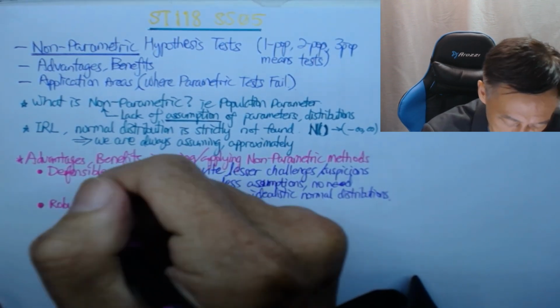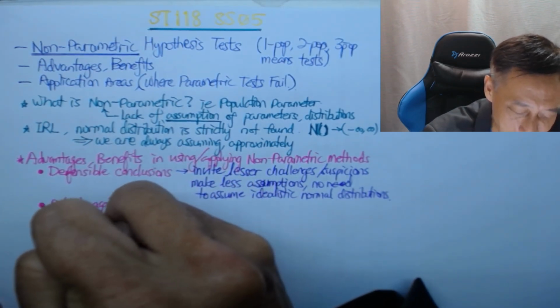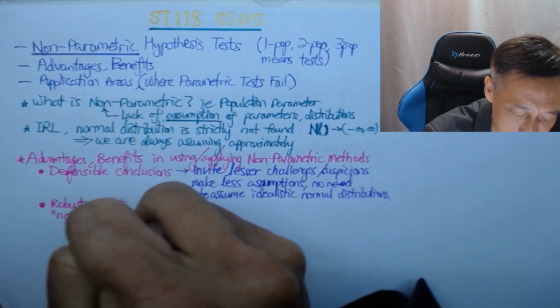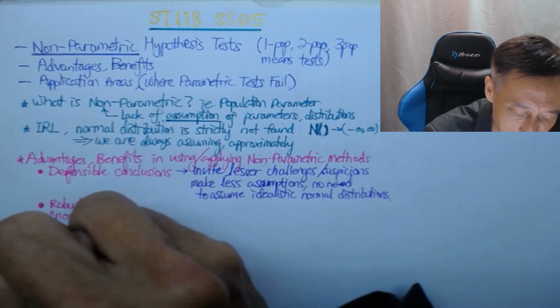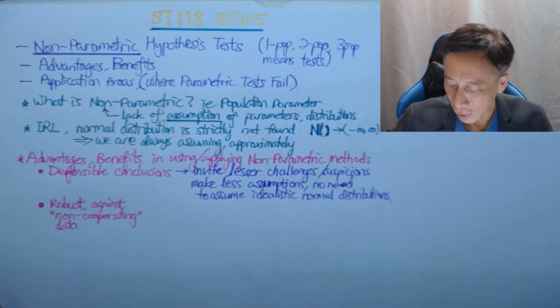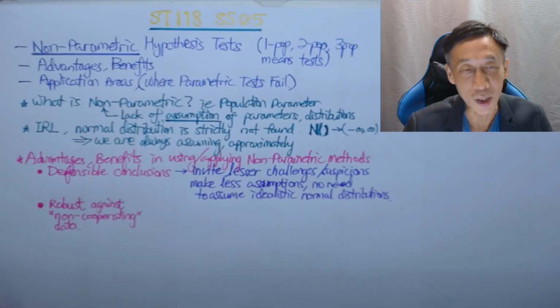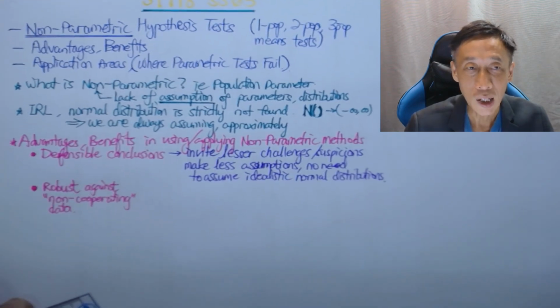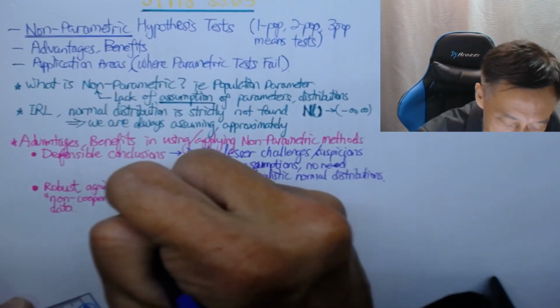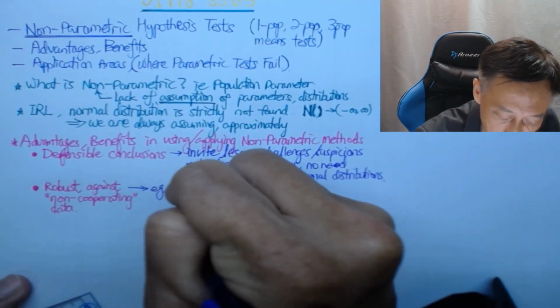Robust against what? Robust against so-called non-cooperating data, and you will see that a lot in real life. Non-cooperating data is found almost all the time in all measurements, in all surveys. What are they? For example, outliers.